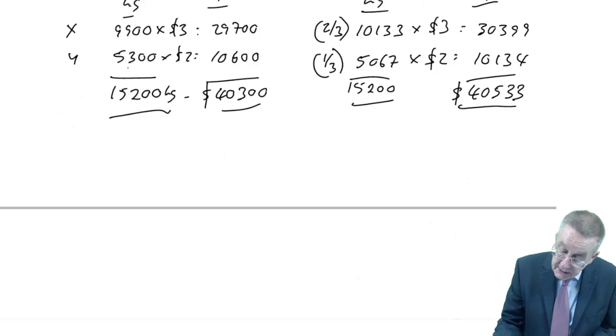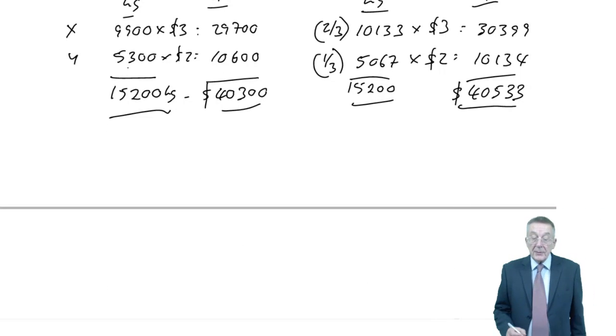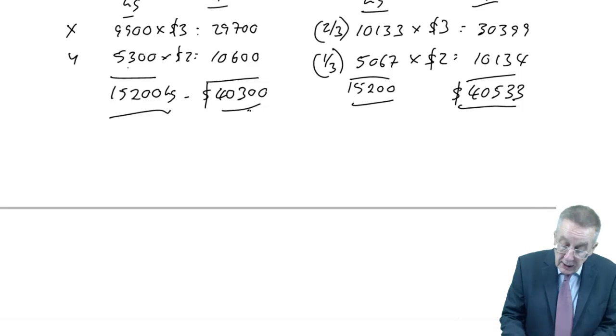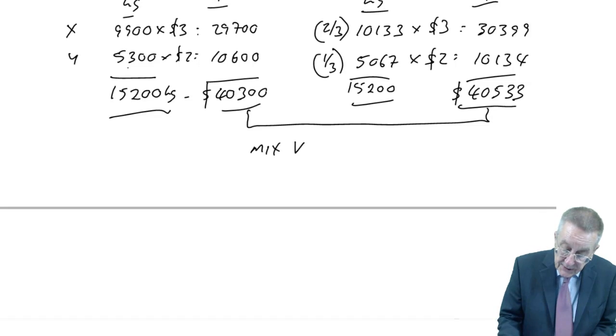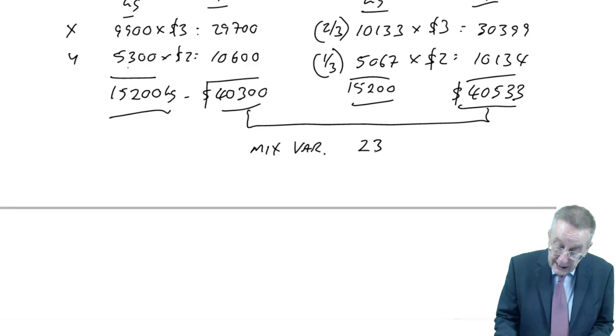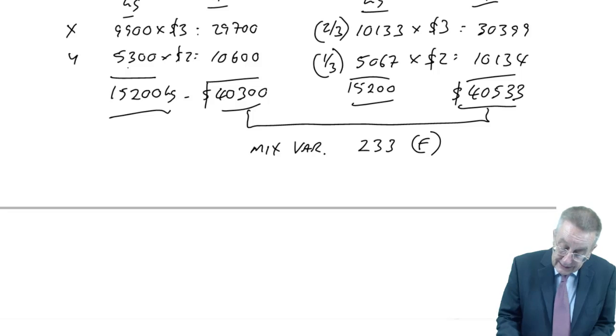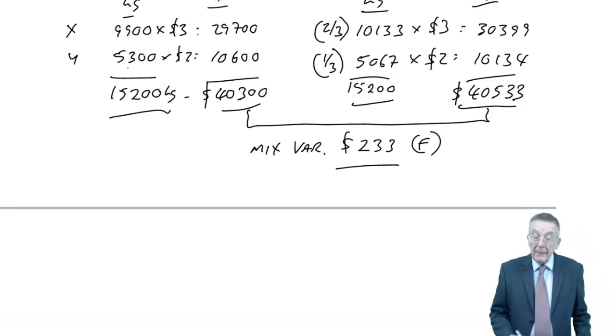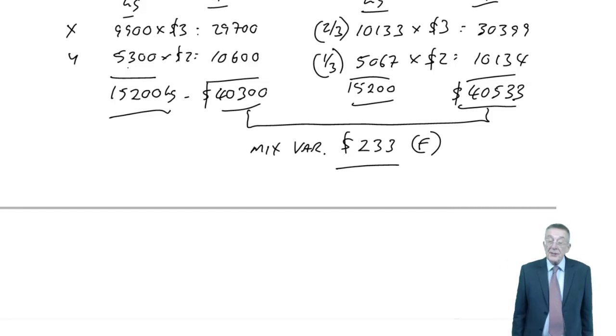The way we mixed it was slightly cheaper, 40,300. Well, the difference, the mix variance, is 233 and it's favourable. Our mix would have been cheaper, or was cheaper than standard mix.